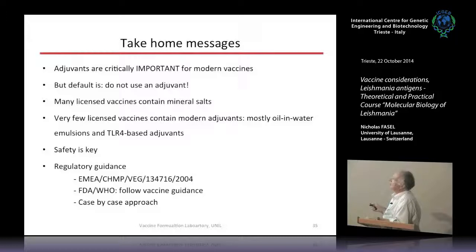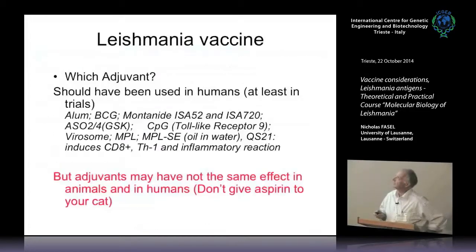Most of them are oil in water and TLR-based these days. Safety is a key issue, and you can always go and check for exactly what are the regulatory rules for this kind of adjuvant. For Leishmania, which kind of adjuvant you could use? Probably this one, QS21, which have been used, and that's probably the one you could try.